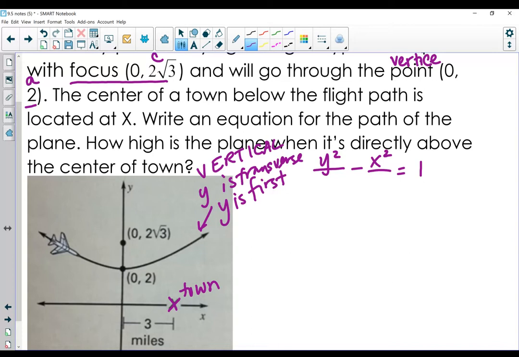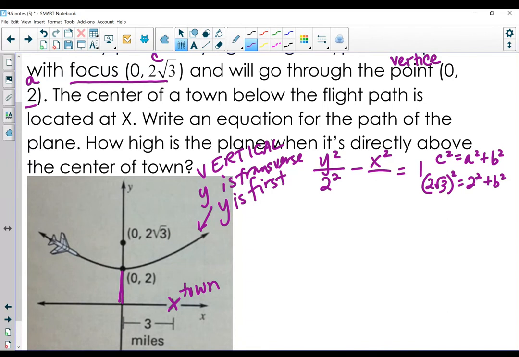And I can figure out the number for y squared right away because I have 2 as the vertex I'm given. This will be 2 squared. And just like the last one, I'm going to have to solve c squared equals a squared plus b squared to figure out the number with x squared. So c was 2 square roots of 3, squared, equals a squared, which I'm going to use as 2 squared, plus whatever b is squared.